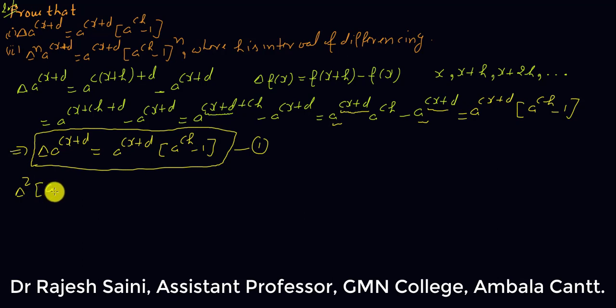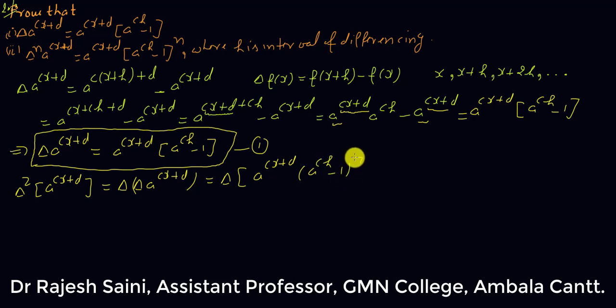Here we have a raised to the power cx plus d, and when delta is applied one time, this is the result. So I am going to use equation number 1, and it can be written as delta of a raised to the power cx plus d times (a raised to the power ch minus 1).